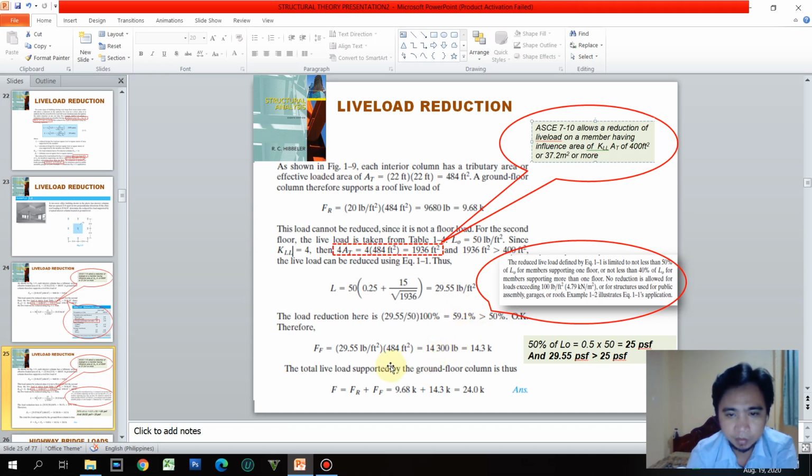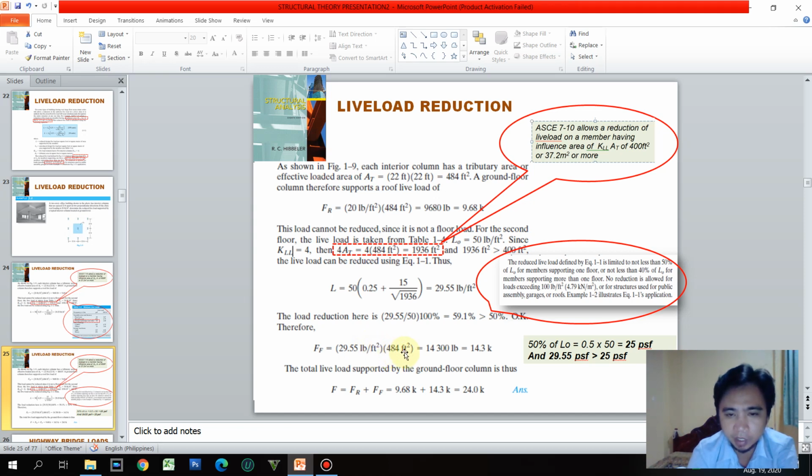Okay, so FF, or the force along the floor, is 29.55. This is now the live load. Again, this is square feet we want to eliminate.